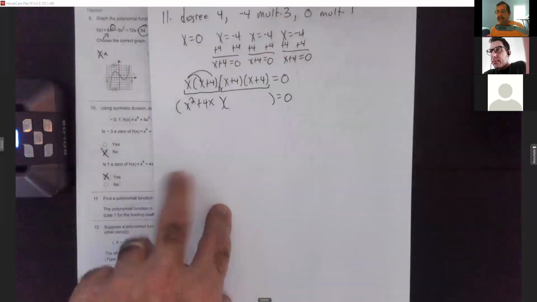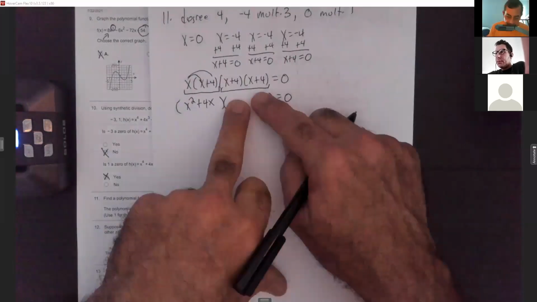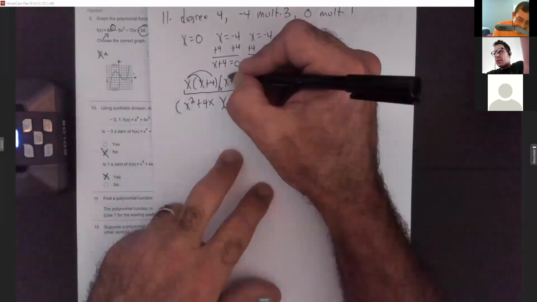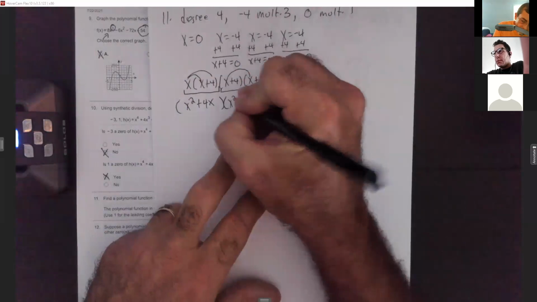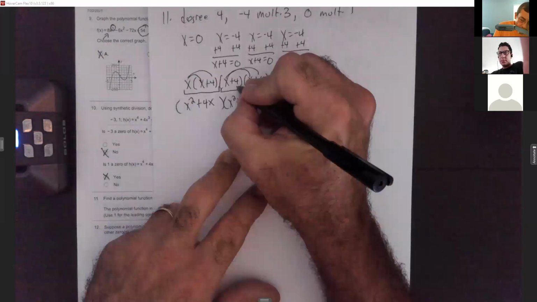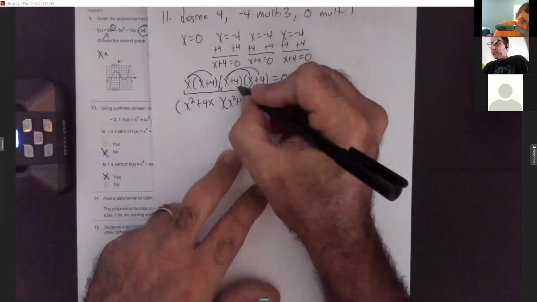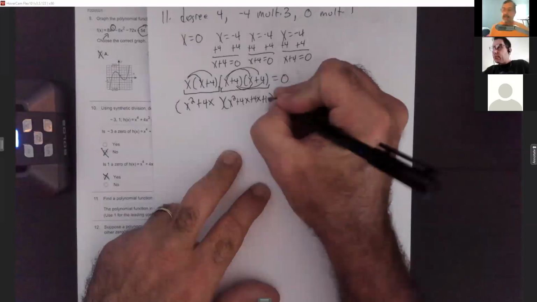So I distributed my x in the first parentheses. The second one, we're going to FOIL this. X times x is x squared. X times 4 is 4x. 4 times x is 4x. And then 4 times 4 is 16.